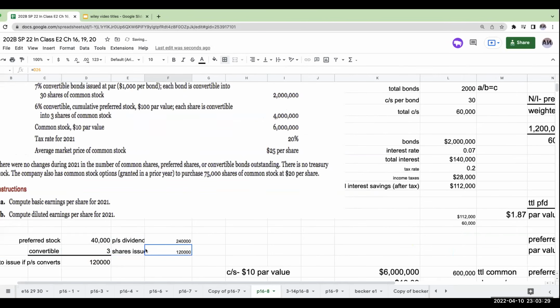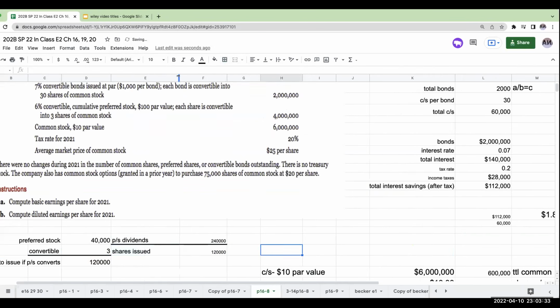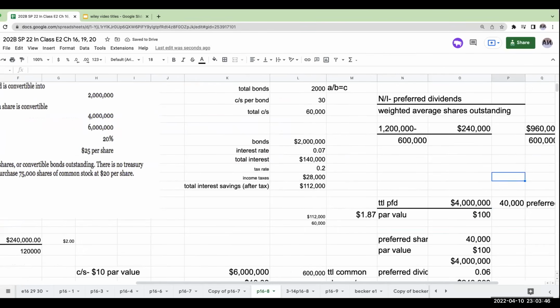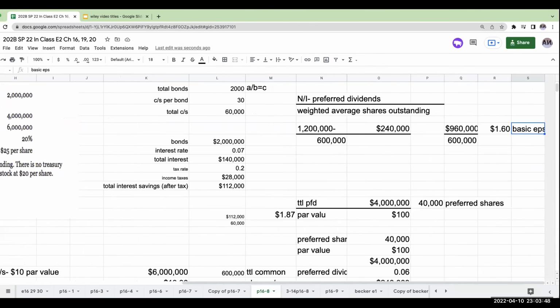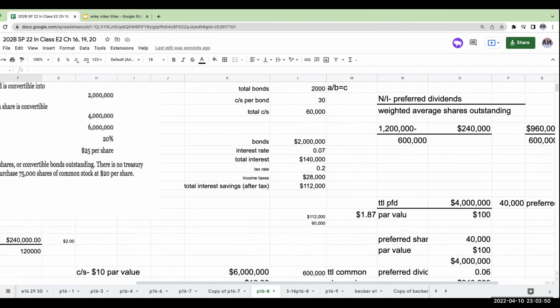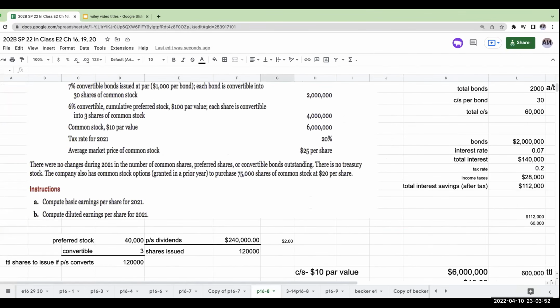And over here, with 120,000 shares issued, we have a problem because this is now going to be $2. Because this is higher than the basic EPS per share, we'll go ahead and look at these numbers.